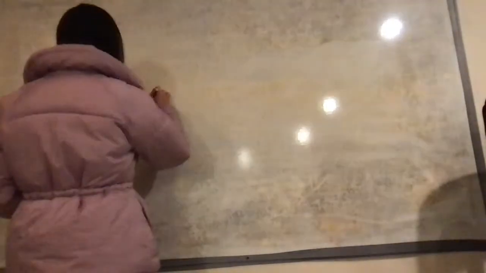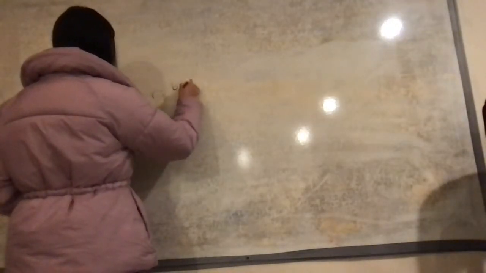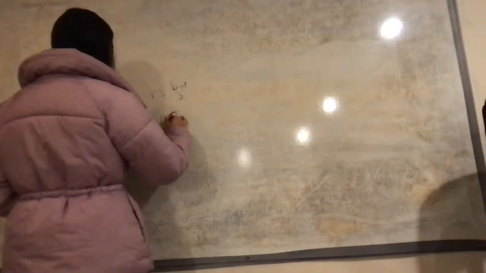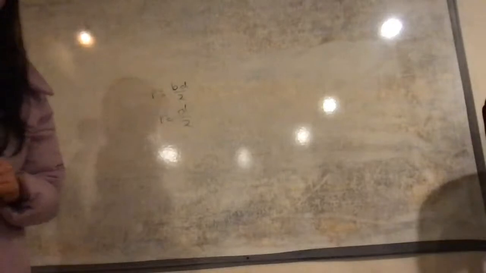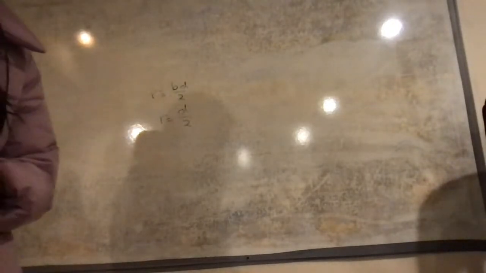So again, bonding radius is half of the bond distance, and non-bonding radius is half of the diameter. So radius equals bonding distance divided by 2, and for non-bonding, radius equals diameter divided by 2.